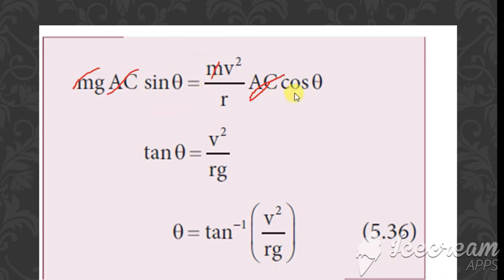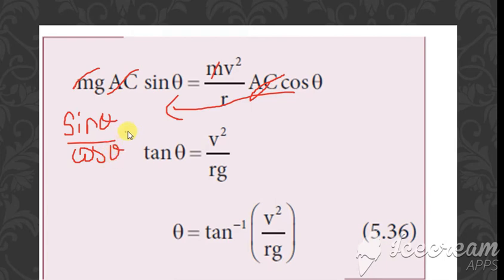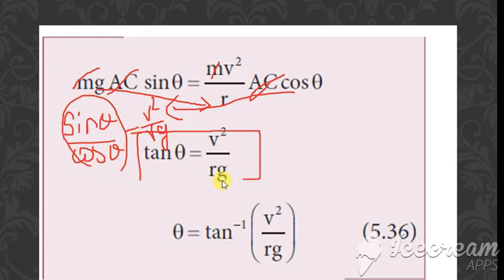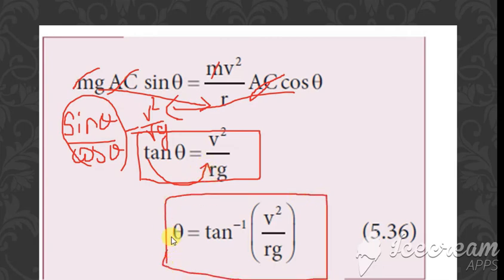Bring the cos down, so we get sin theta divided by cos theta equals v square divided by rg. Sin by cos is tan, so tan theta is equal to v square by rg. Bringing the tan to the other side, theta equals tan inverse of v square by rg.